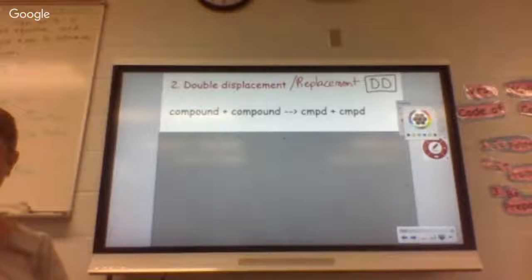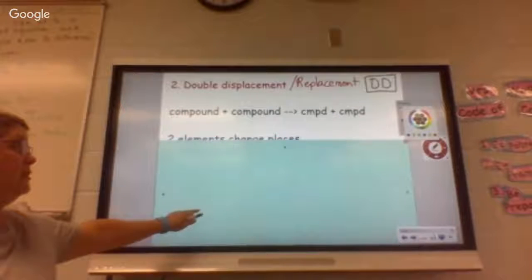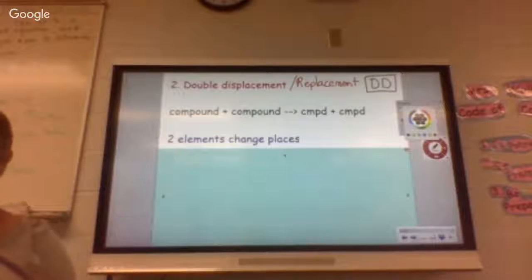Two elements switch places. Exactly. Because it's displacement, two elements have to change places.